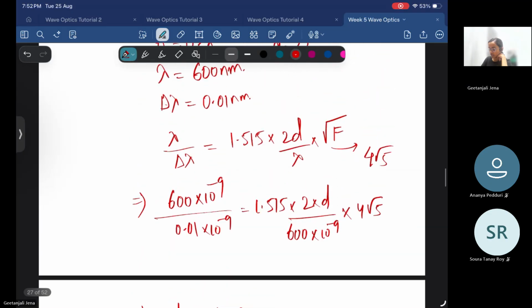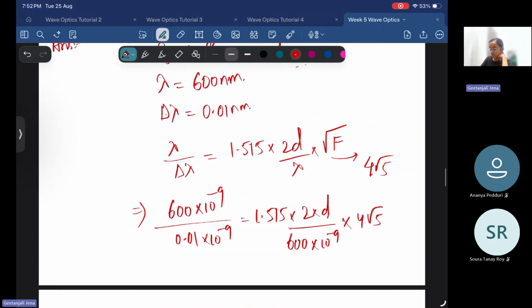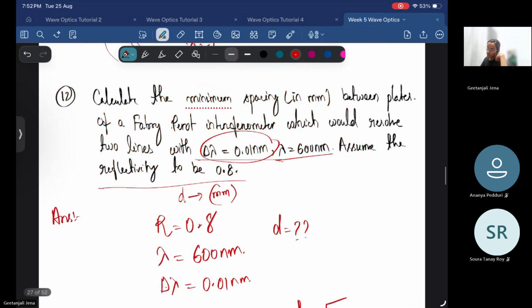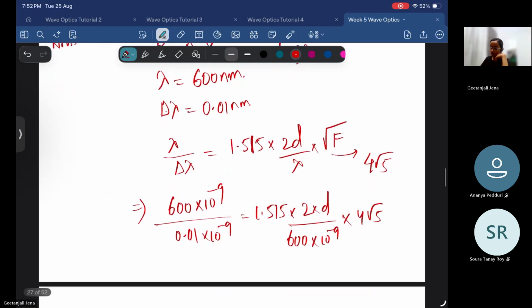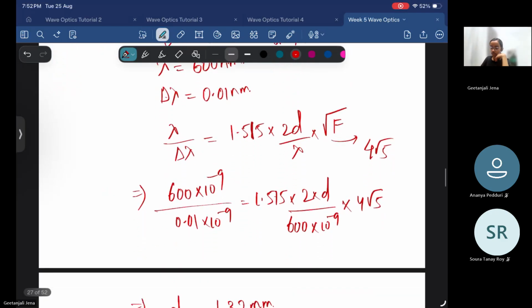1.575. This is 1.515, not 1.575. It may look like it is 575, but this is 1.515.